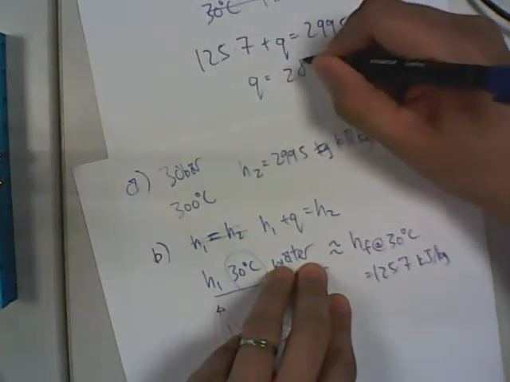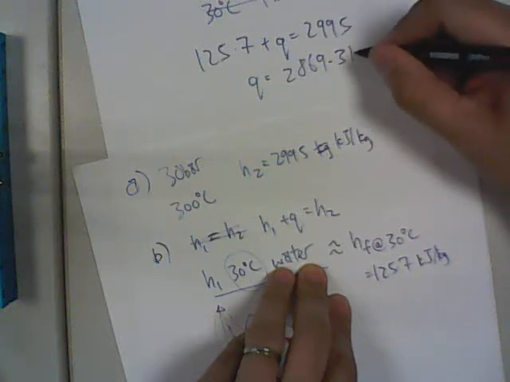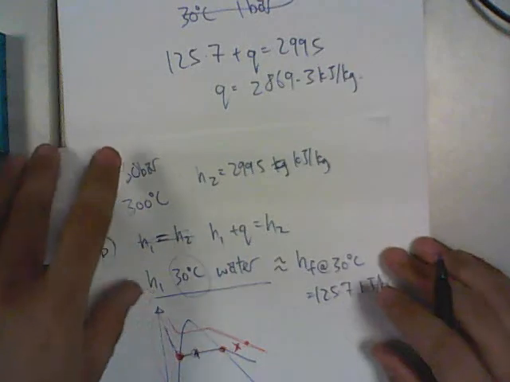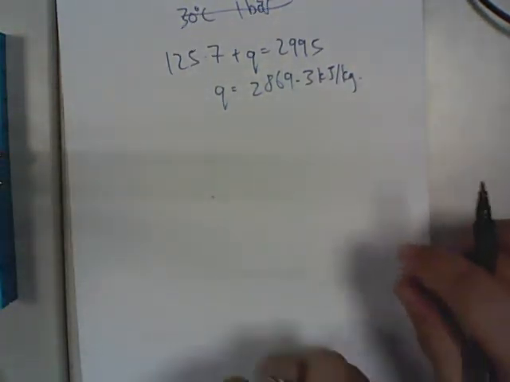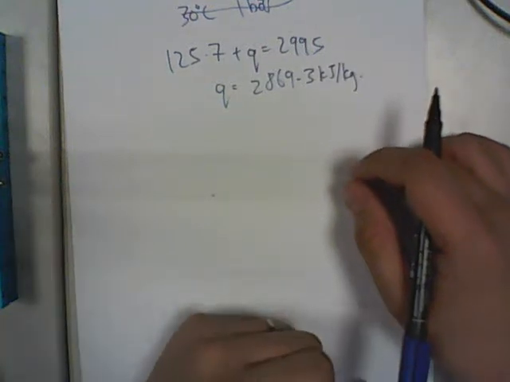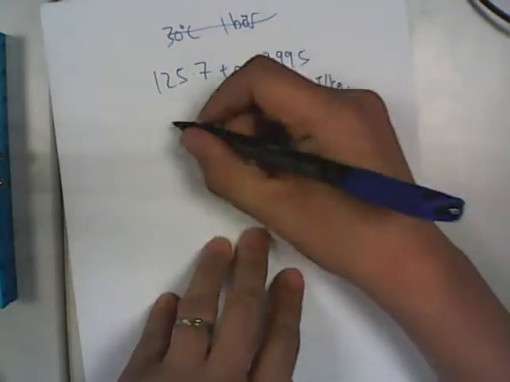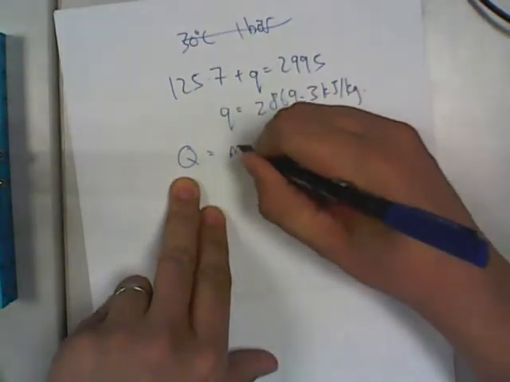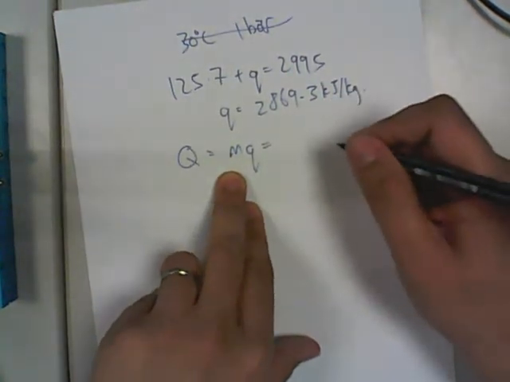So the Q is 2869.3 kilojoule per kilogram. Okay. But what the question is asking is in terms of kilojoule, not kilojoule per kilogram. So you're actually trying to find the whole system Q, which is basically the mass times the specific heat generated.